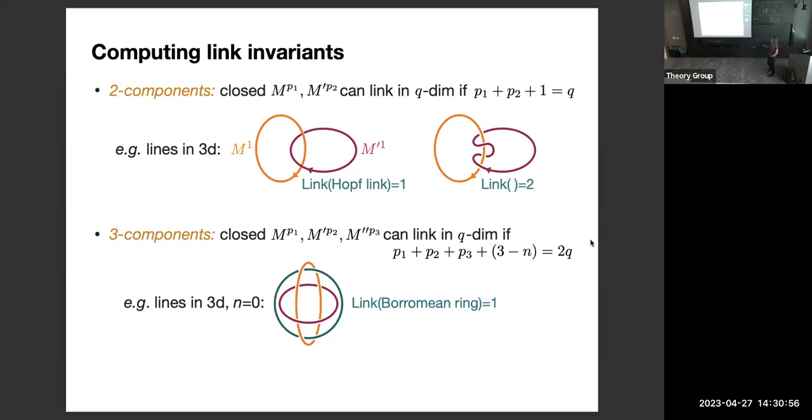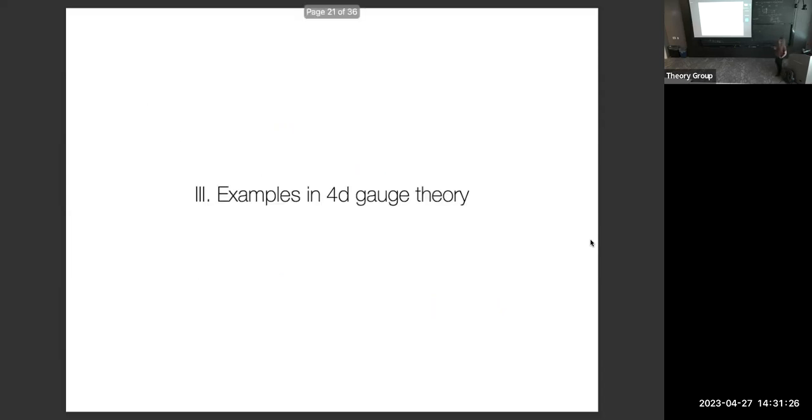I could also have higher component links, like 3-component links, and there's some statement about the relative dimensions or codimensions of these objects where I could probe such a configuration if all of the dimensions satisfy this relation. So for example, for lines in 3 dimensions, the Borromean rings type of configuration could be probed by this sort of correlation function. So that's just a comment on the sorts of things you can probe.